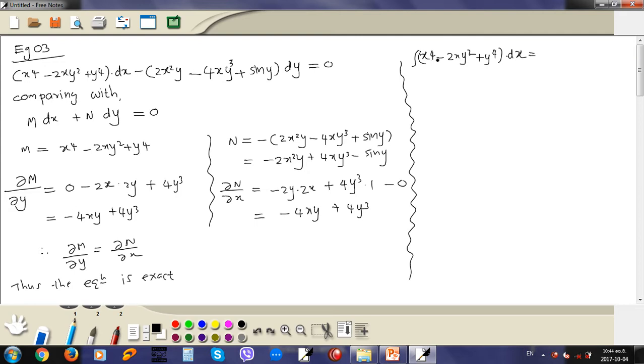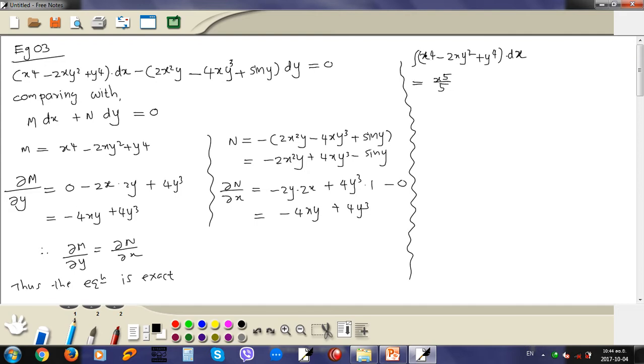Here 2y² is written as it is, as we are integrating with respect to x. That is clear for you, right? First integrate x^4 with respect to x, so x^5/5.